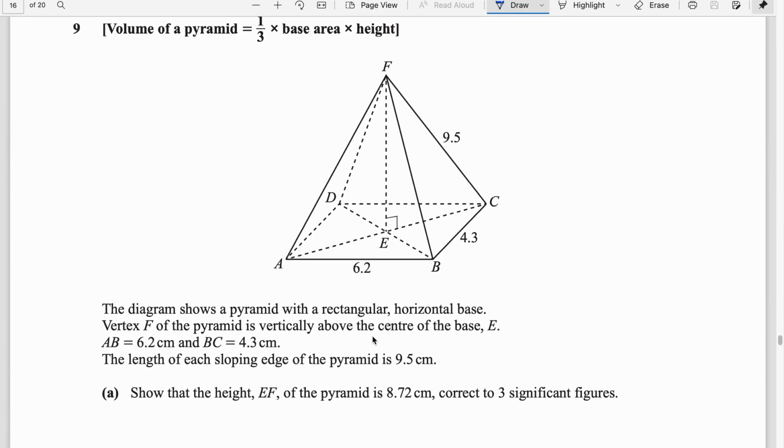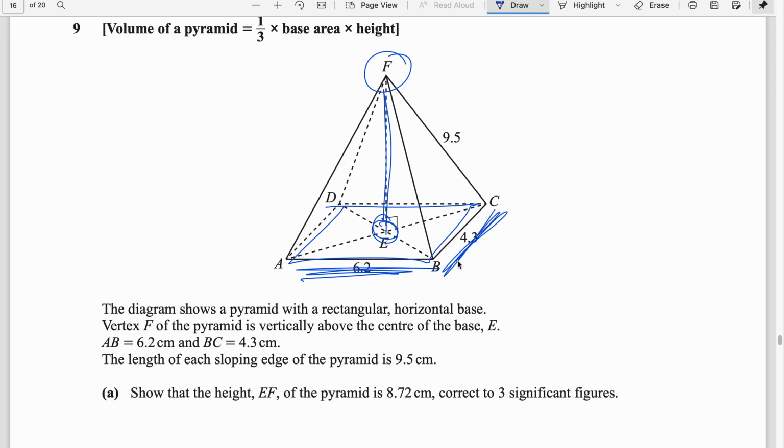Question number 9, mensuration. The diagram shows a pyramid with a rectangular horizontal base. Vertex F of the pyramid is vertically above center E. AB equals 6.2.